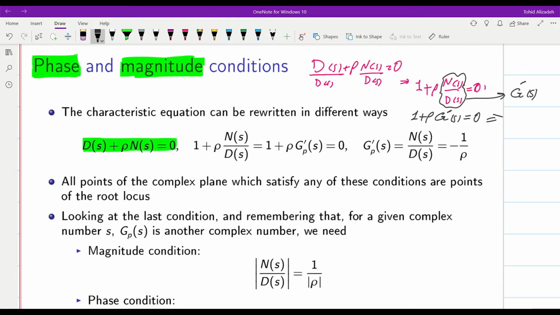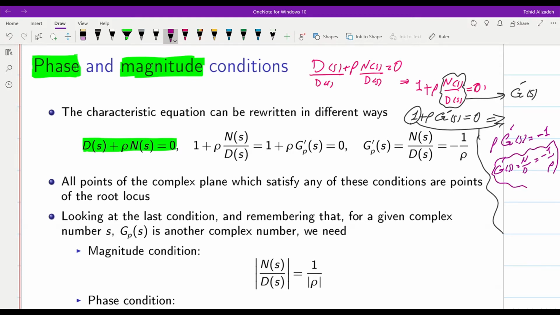We can also rewrite this in the form of, I can take 1 to the other side, so rho times g prime, which is equal to n over d, is equal to minus 1. Then g prime, which is n over d, will be equal to minus 1 over rho. So basically this is the characteristic equation for the closed loop system. So n over d is equal to minus 1 over rho.